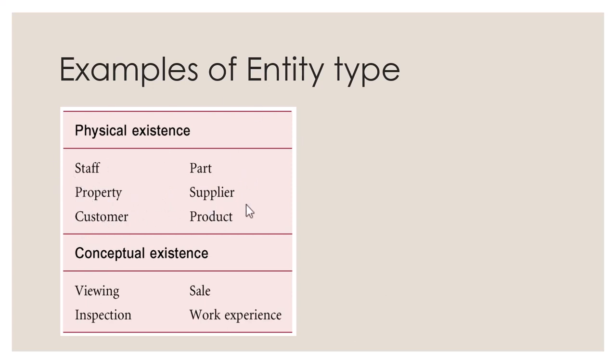These are physical beings. We also have conceptual existence of entity types, like sale, which is not physical, but is a type of entity. You also have viewing, inspection, and work experience. These are the conceptual types of entity.